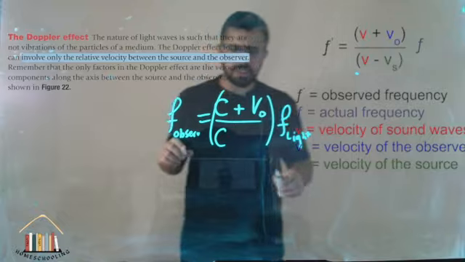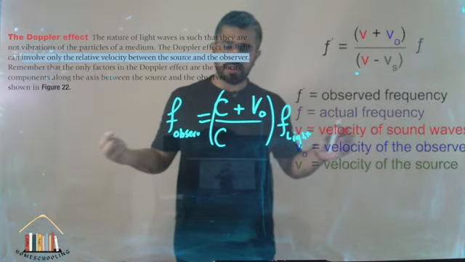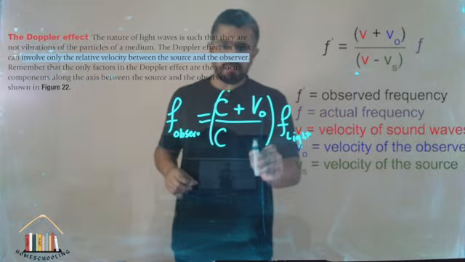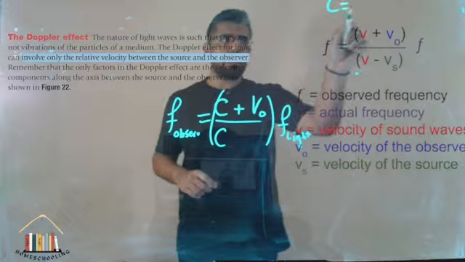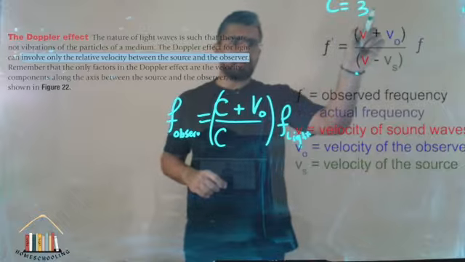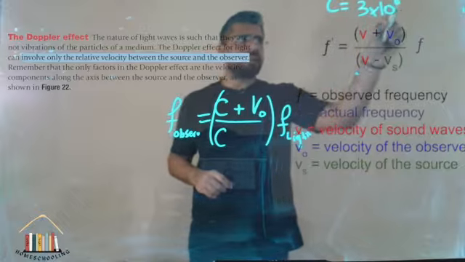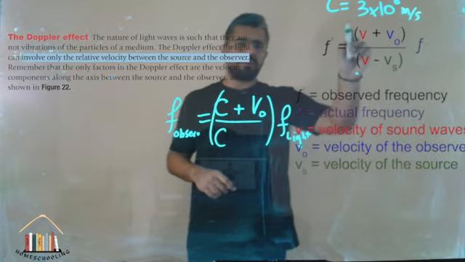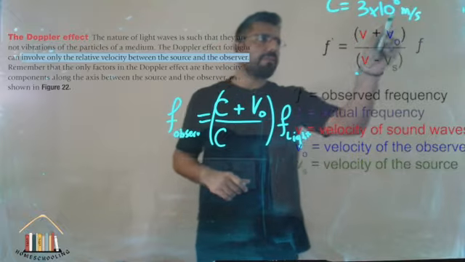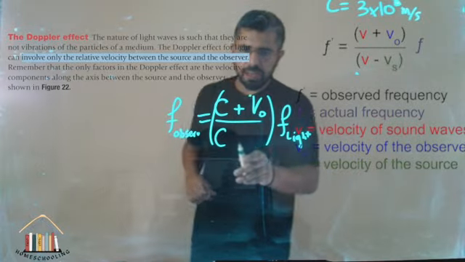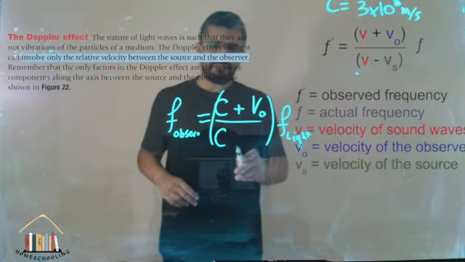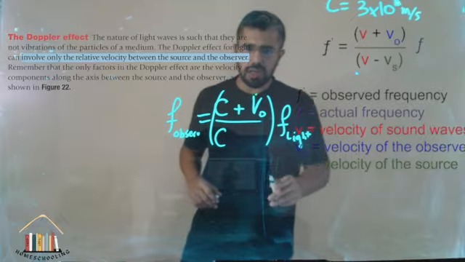Remember, the speed of light is a huge number, c equal to 3 times 10 to the power of 8 meters per second, so any small value added to it will not affect the equation. I will keep it till here.